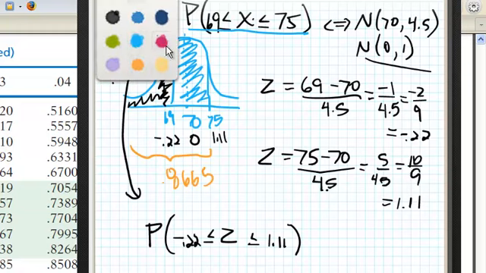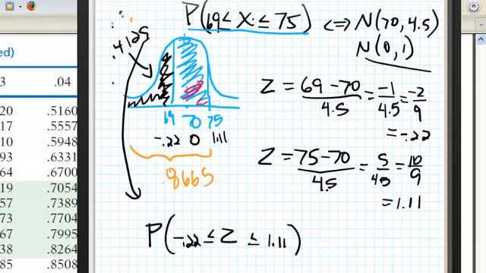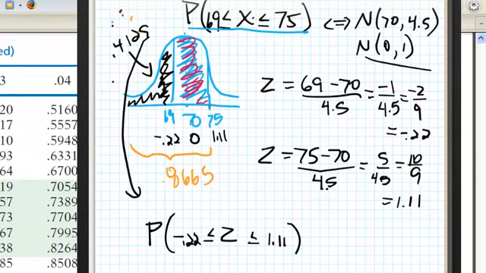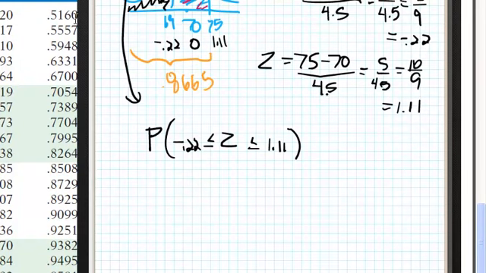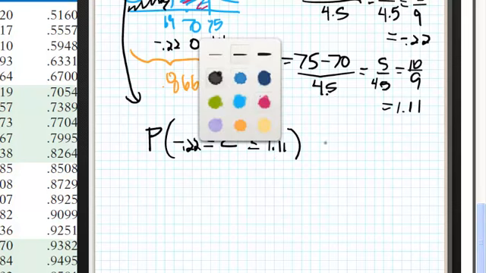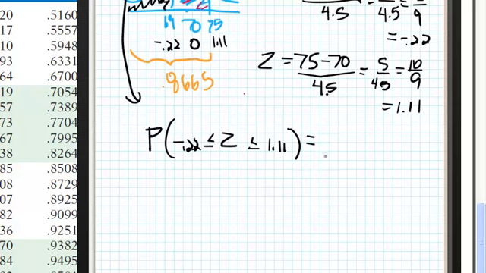How am I going to figure out this area in here? Well, it's easy. If the area from negative infinity to 1.11 is 0.8665, and the area from negative infinity to negative 0.22 is 0.4129, what do I do? Well, you guessed it. I just subtract them. Just subtract areas. It's just a simple geometric concept, right?